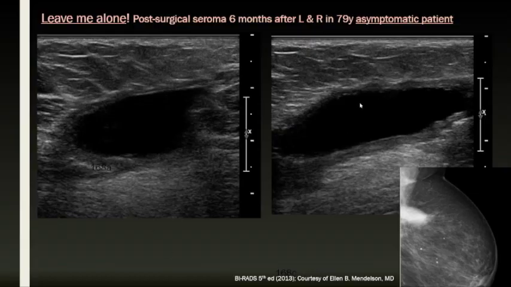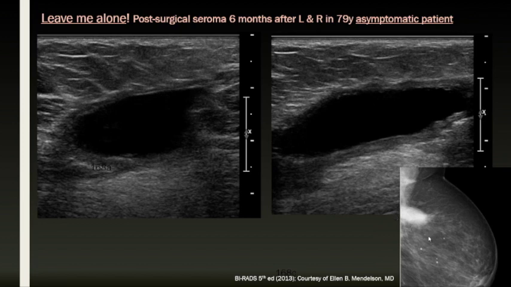Here is a leave me alone lesion. This is a post-surgical seroma 6 months after lumpectomy and radiation therapy in a 79-year-old asymptomatic patient. The mammogram that corresponds shows you this fluid collection, and it's starting to show spiculation around the edges.